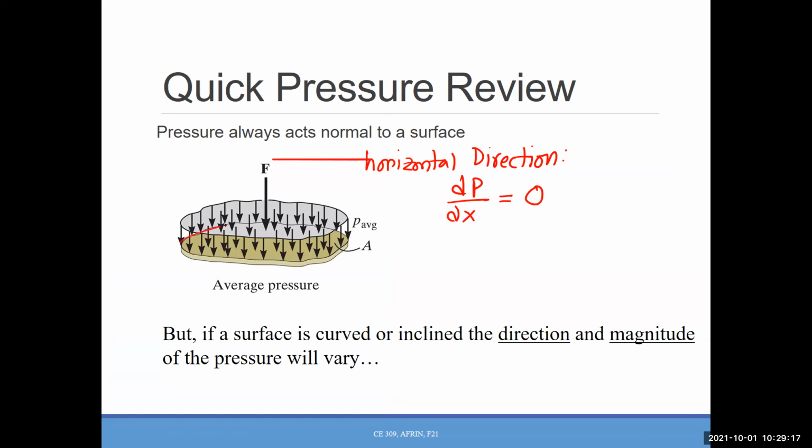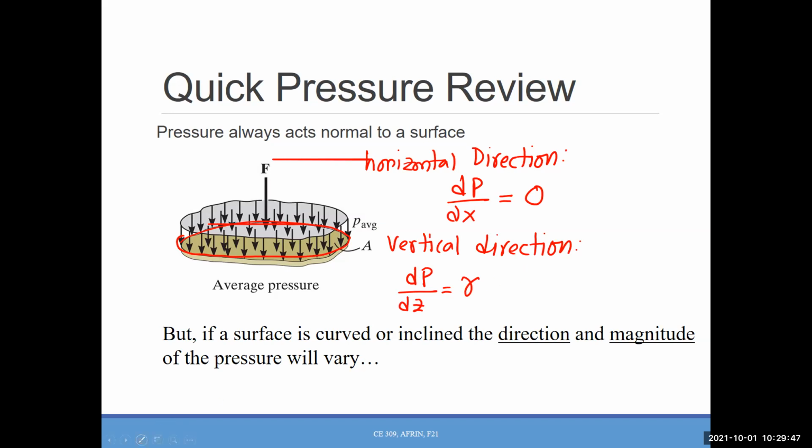You can see that from this plate, if that is the horizontal plate, at any point the pressure will be the same. Now, for the vertical direction, we know there was a pressure variation, right? That depends on the type of fluid we are using and the height of that fluid column, right?